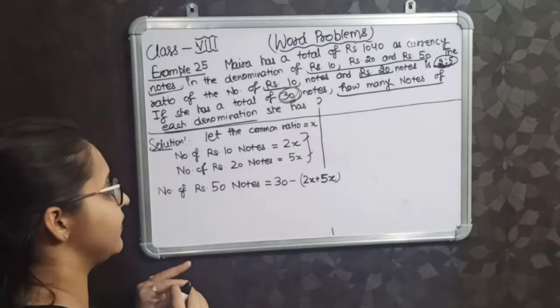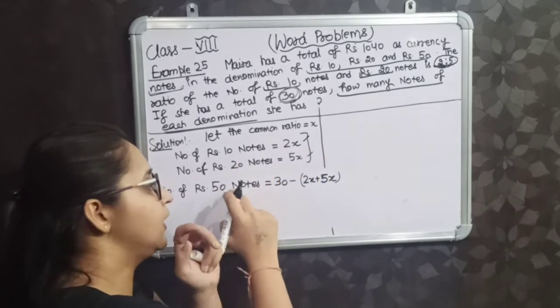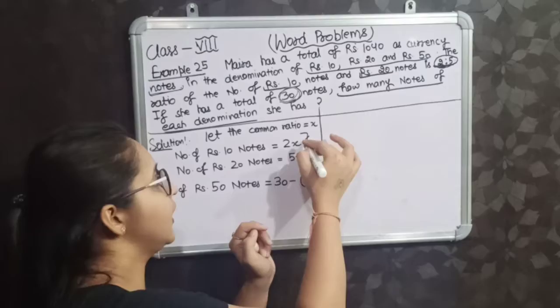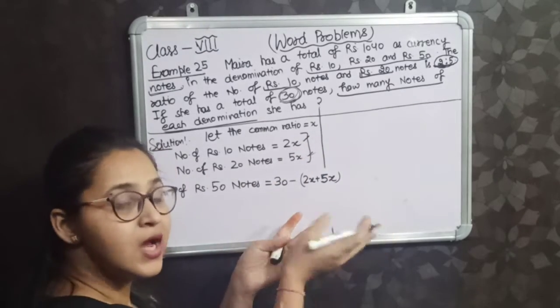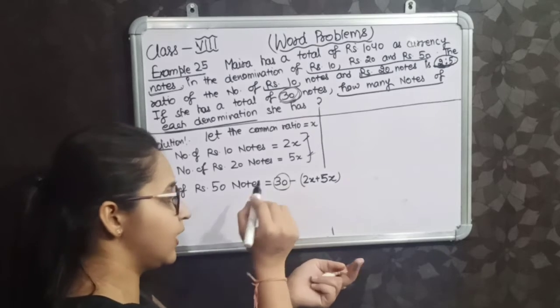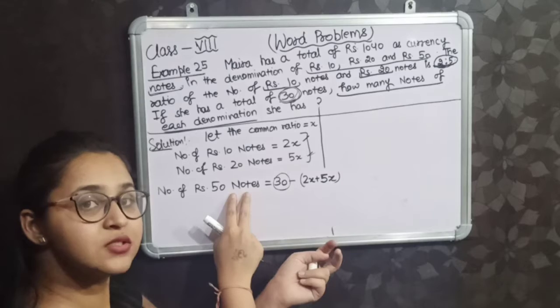2x plus 5x, because there were three types of notes: 10, 20 and 50. You know the number of rupees 10 notes, you know the number of rupees 20 notes, and you know how many notes there are in total, 30. So you can easily find the number of rupees 50 notes.